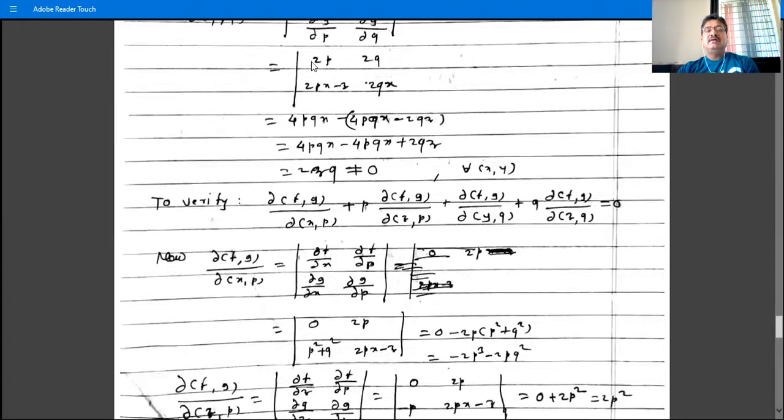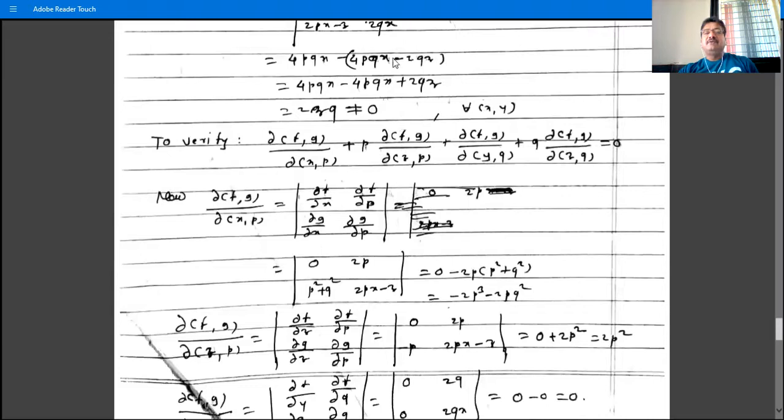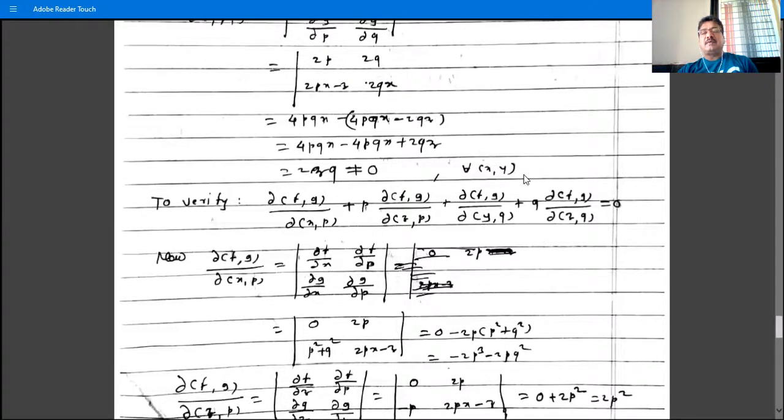Then we solve this determinant: 2p times 2qx minus 2q times (2px − z). After simplification, 4pqx minus 4pqx cancel, minus minus becomes plus, giving 2qz, and this is not equal to 0.